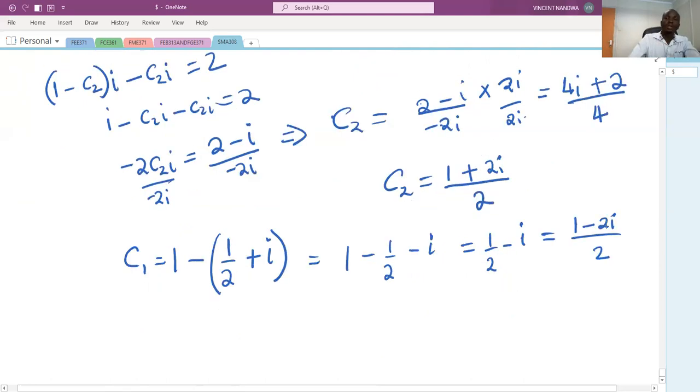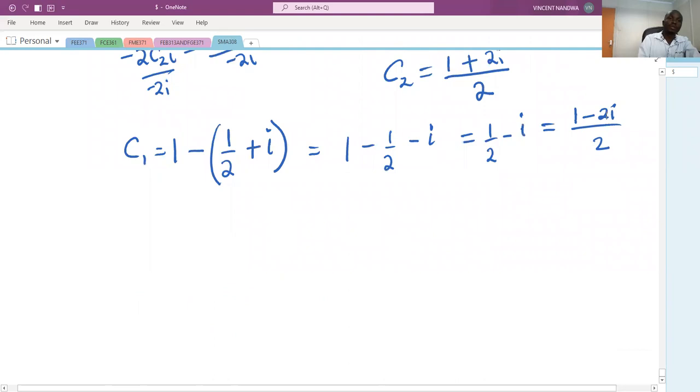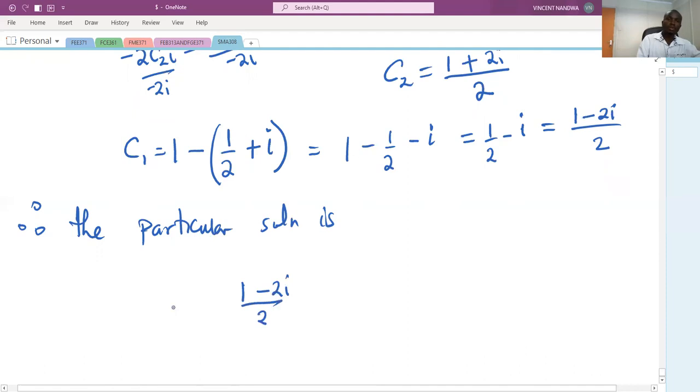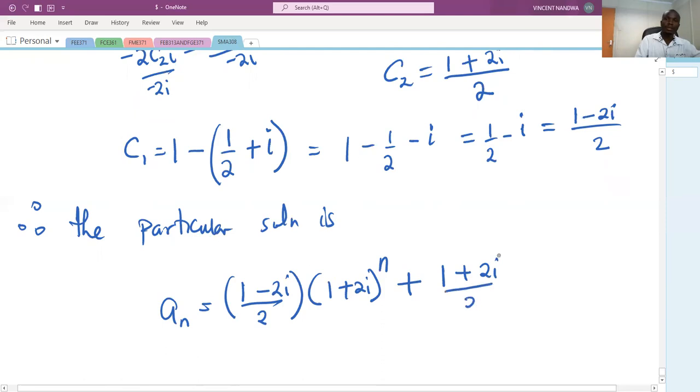So therefore now we say the general solution, the specific solution. So therefore the specific solution or the particular solution: the value of C1 is (1 minus 2i) over 2, and then we multiply by (1 plus 2i) power n, plus C2 is given by (1 plus 2i) divided by 2, and then (1 minus 2i) power n.